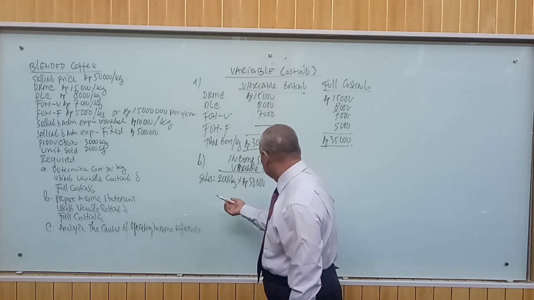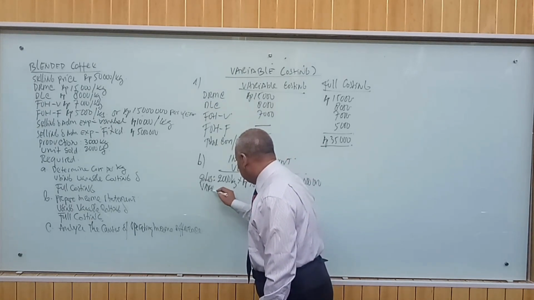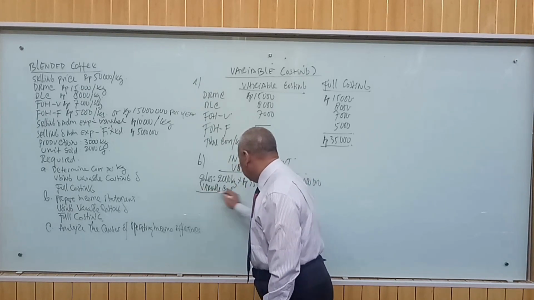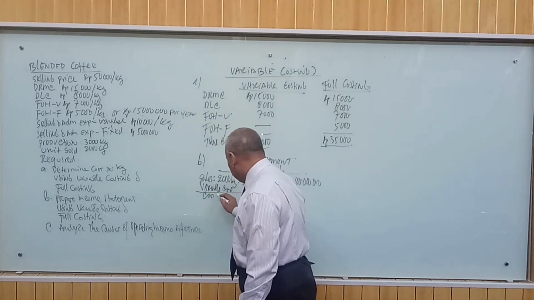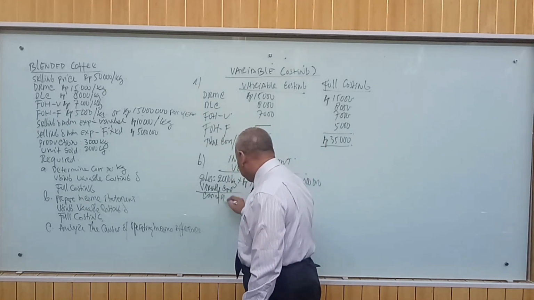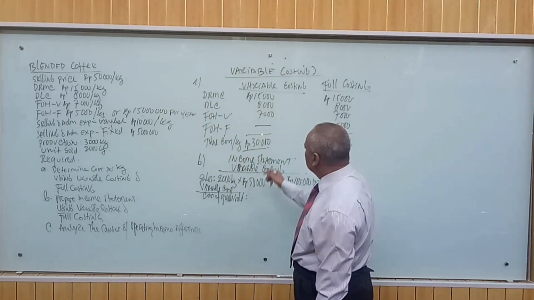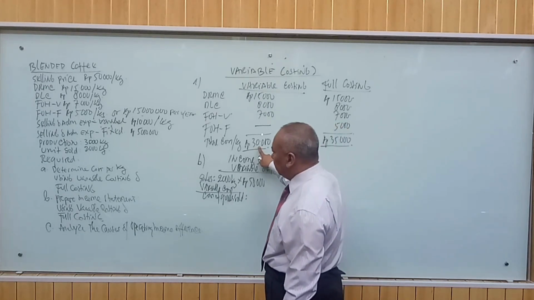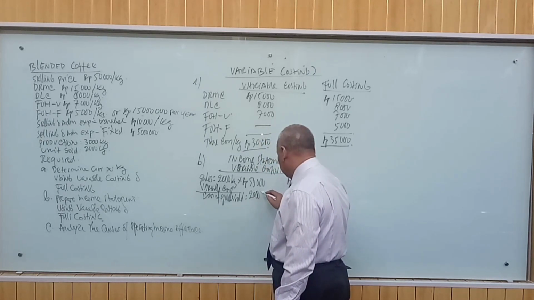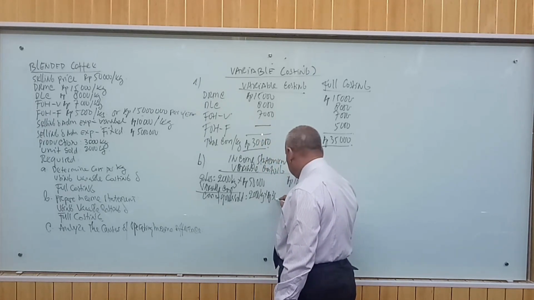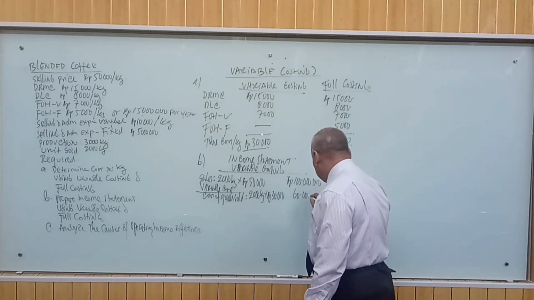Then minus variable costs. The variable cost of goods sold: the cost per unit is 30,000 and we sell 2,000 kg, so 2,000 times 30,000 will be 60 million.